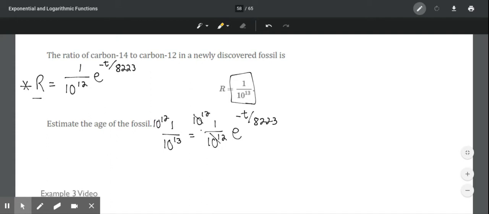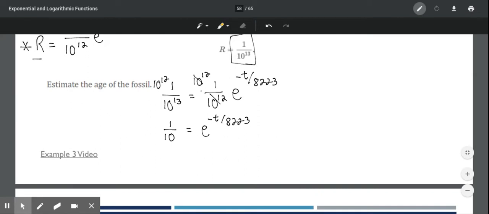Right, and 10 to the 12th over 10 to the 13th really just leaves us with 1/10 e to the negative t over 8,223. And so now we've set it up that we could take the natural log of both sides. That would bring this whole quantity down. So we have the natural log of 1/10. The natural log of e is 1, so we're just left with negative t over 8,223.